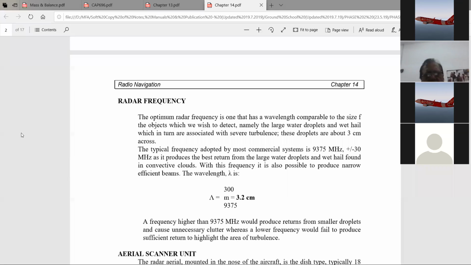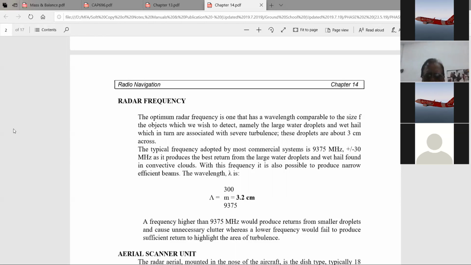That means once a particular frequency has been selected for airborne weather radar, the frequency allotted is 9375 megahertz plus minus 30 megahertz. And if you do the calculation by application of c = f lambda, you will find that the answer is approximately 3 centimeters.